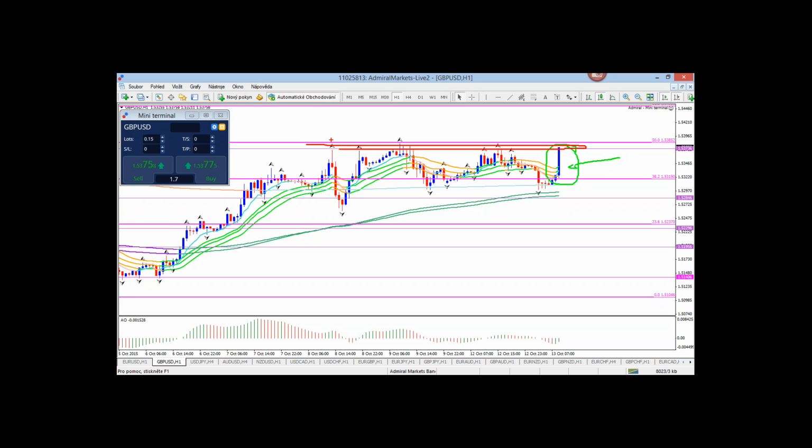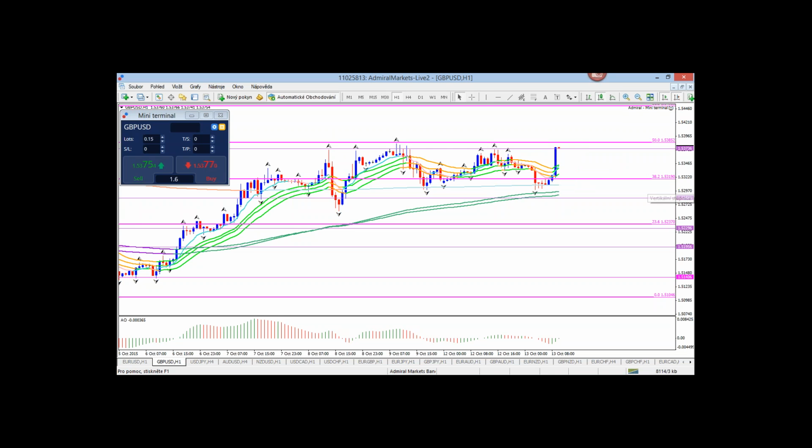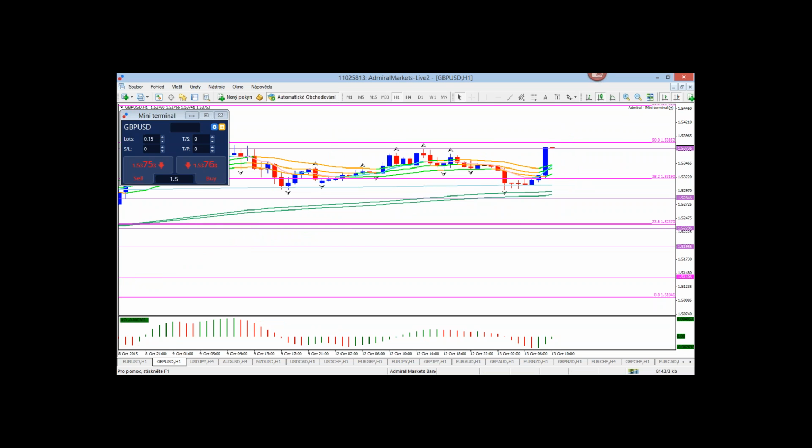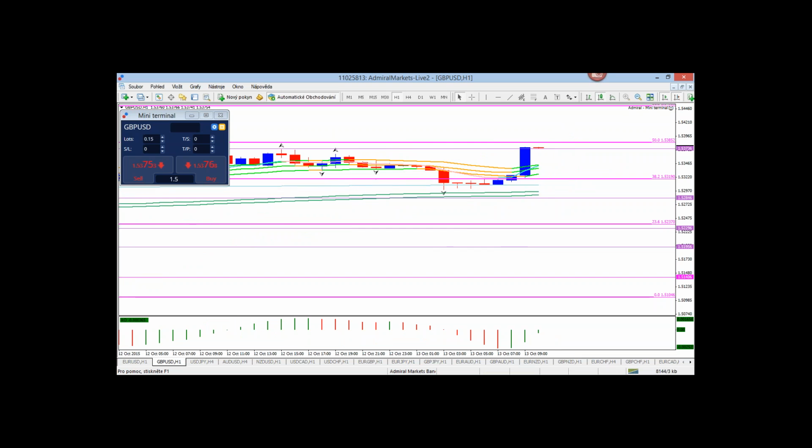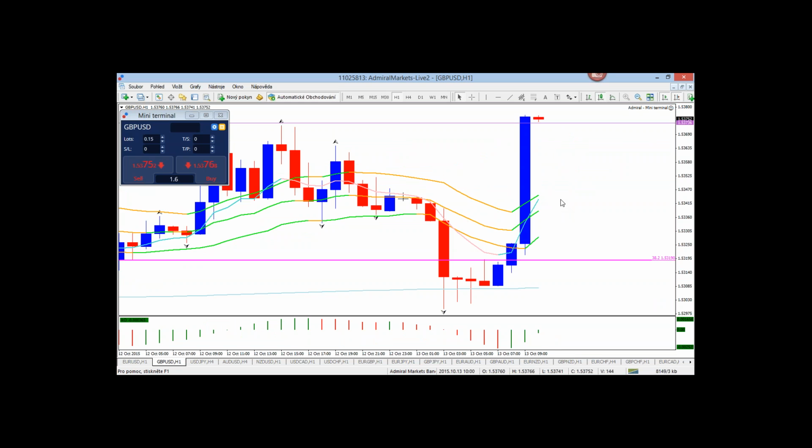So therefore, instead of taking it right now, I prefer that even if the next hour is up, and even the hour after that is up, I would rather probably let it pull back to, for instance, this 8 EMA.